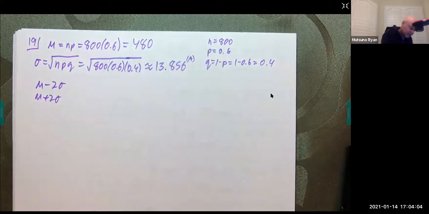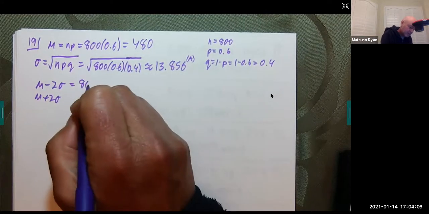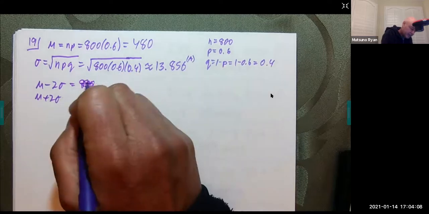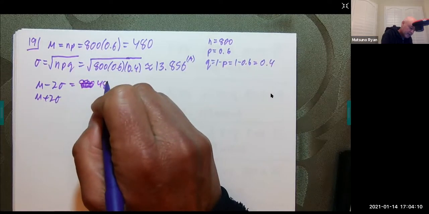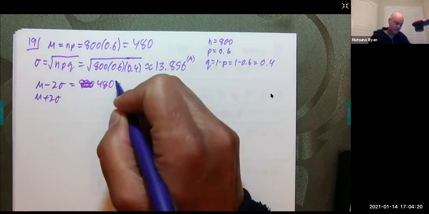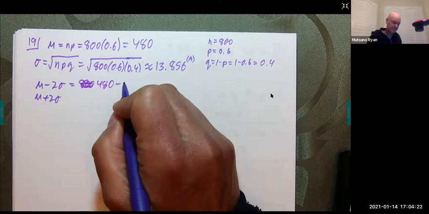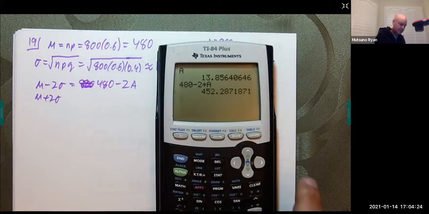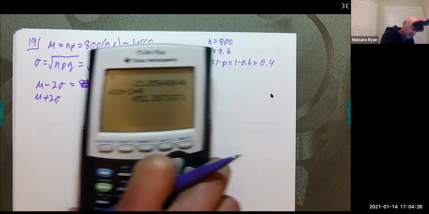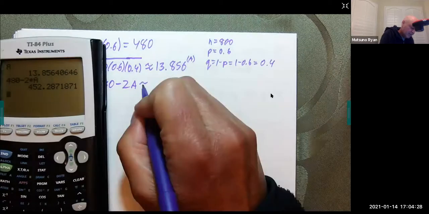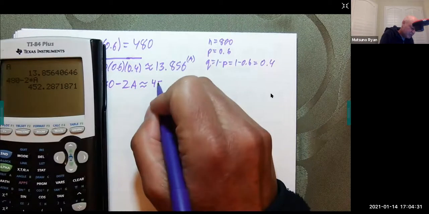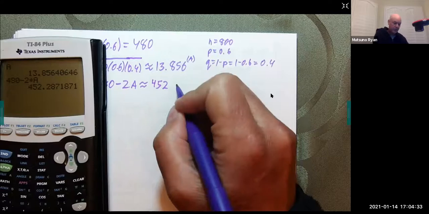So for this one, the mean, which is 480, minus 2 times A, and we have to hit the alpha button first. So our lower boundary is about 452. I'll round it off to the nearest whole.